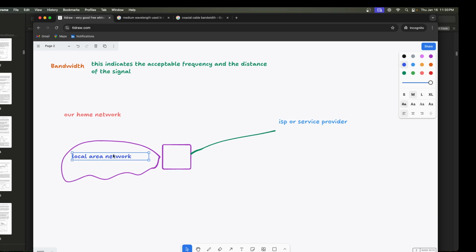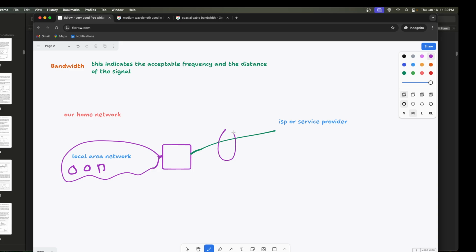Okay. And then let's have this connection. But local area is basically our devices. We have phone, computer, TV, whatever.